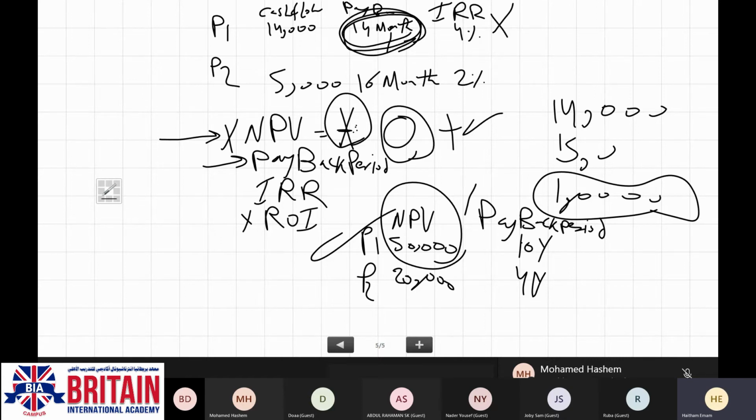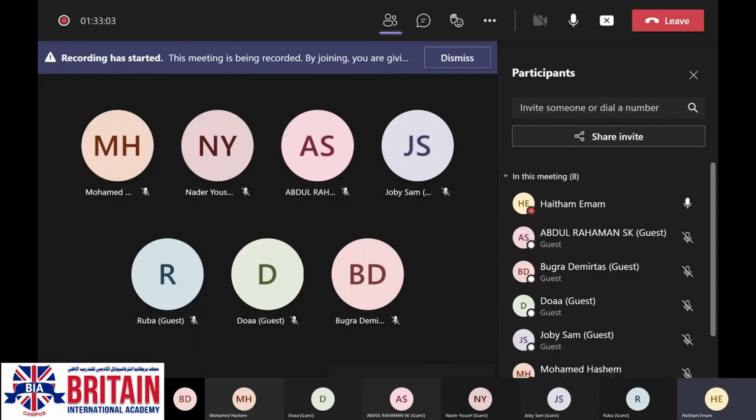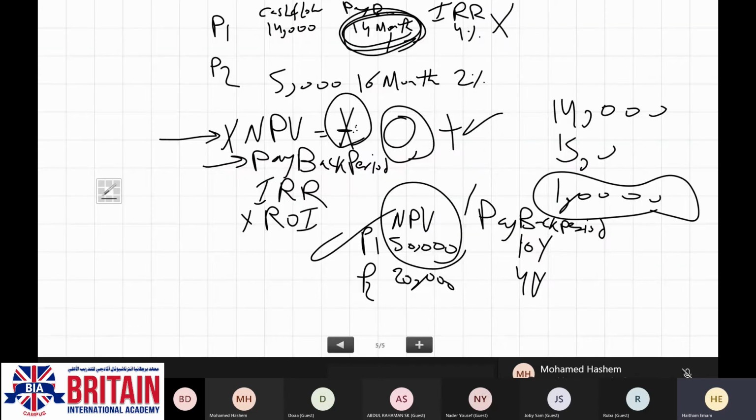But when it comes to the evaluation based on other parameters together with the payback period, I'm going to select based on the other parameter and ignore the payback period. Why? Because the cash flow inside the payback period doesn't take into consideration the real value of money.